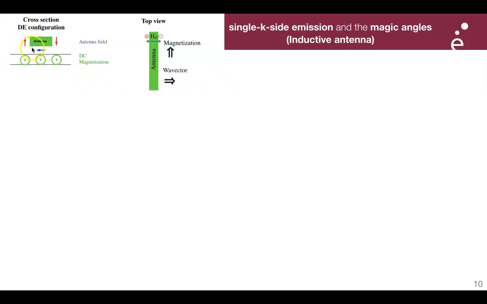If you look at this situation, you can see that the torque that is supplied by the antenna fields to the DC magnetization rotates in space, and it's a circularly polarized torque. Once again, this torque matches with the spin wave helicity, and you have helicity mismatch. It's still the same phenomenon. So that was for the Damon-Eshbach configuration, when the wave vector was perpendicular to the magnetization.